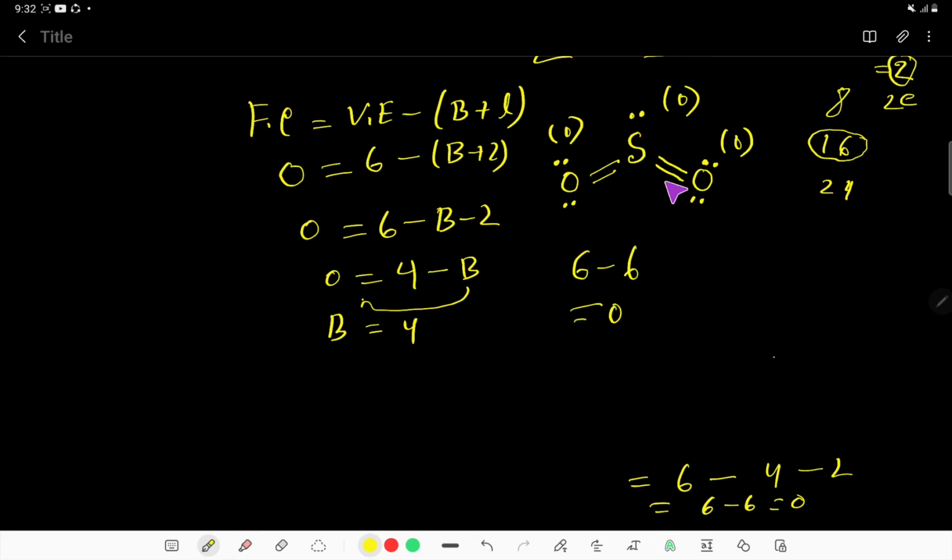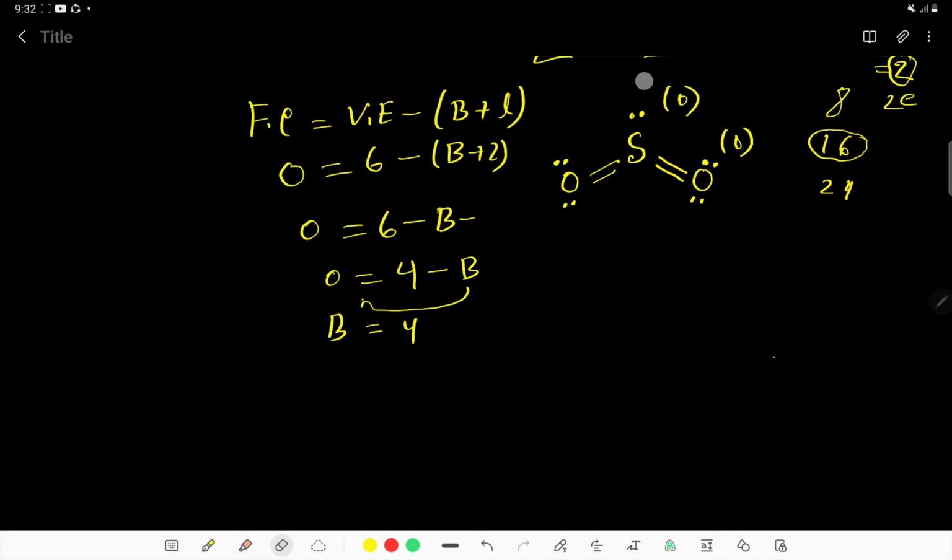For sulfur, we have 6 valence electrons in neutral sulfur, but here we have assigned 2, 4, 6, 0, right?